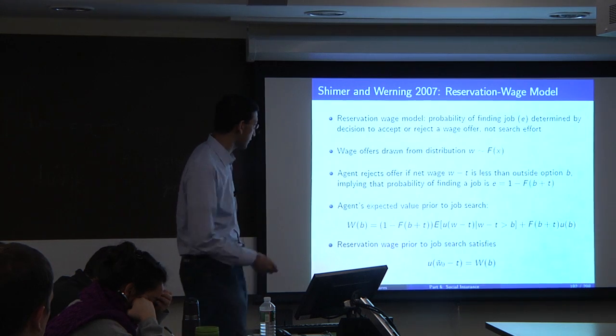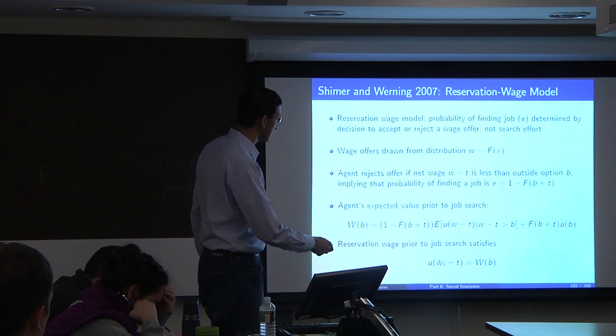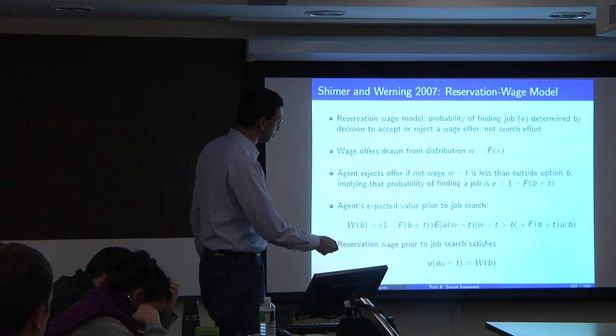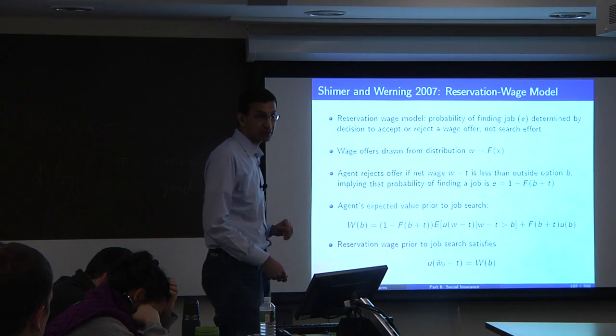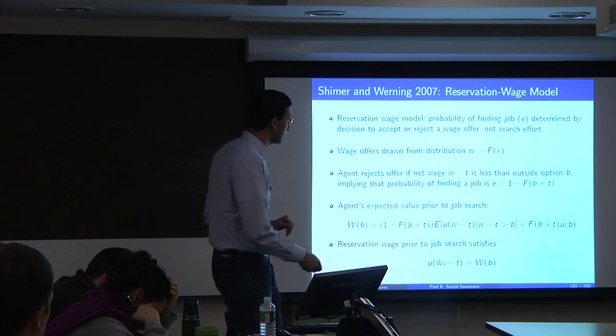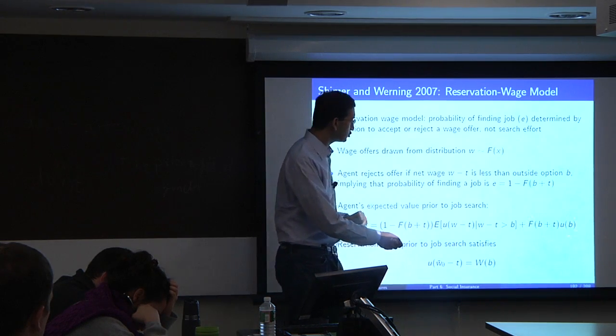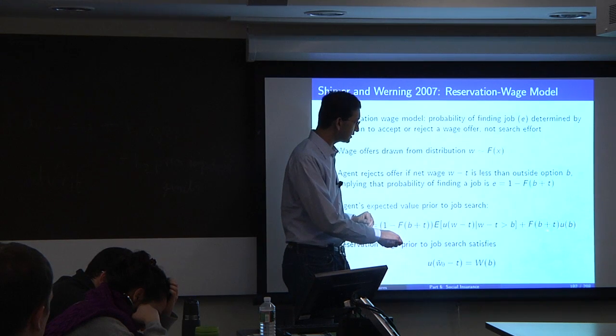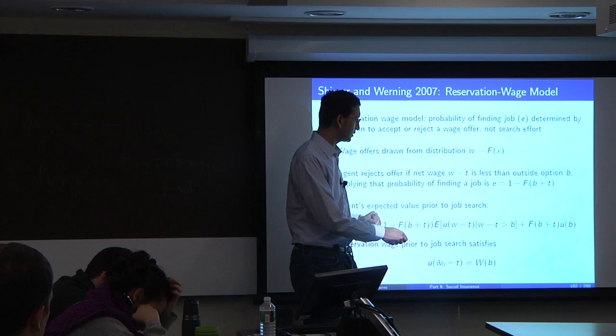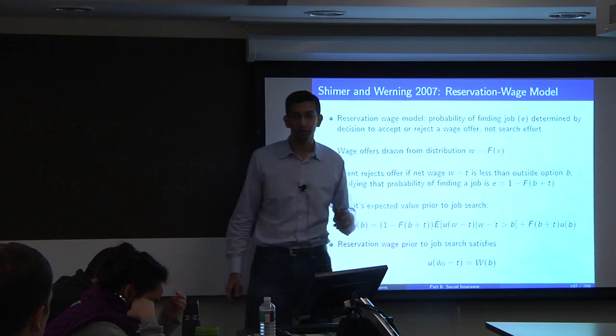So that's what this expected utility is. It's utility given this wage draw, but you're only going down that path if W minus T is greater than B. And then if you get a wage offer that's low, you're going to reject it. That happens with probability F of B plus T. And in that case, you get U of B.